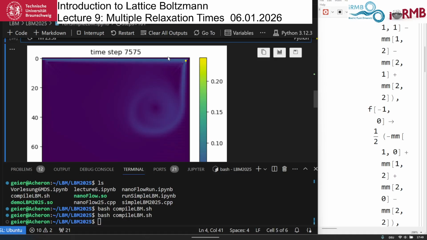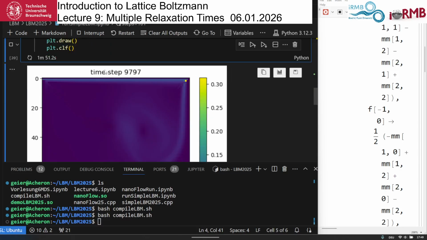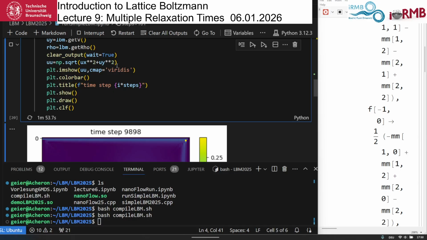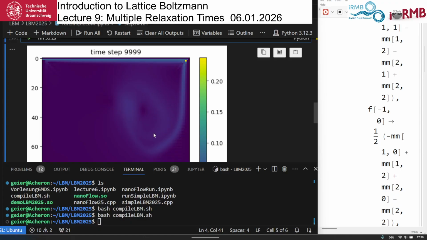Even though there is one point with a high velocity, which I cannot currently explain, there's also some oscillation. I'm not sure that this will survive forever. So in principle, what we could do, but I don't know how to do this, is fix the scale. We can set this here, but I don't remember. You may see, not very clearly, that this has more deformation because it has a higher Reynolds number.